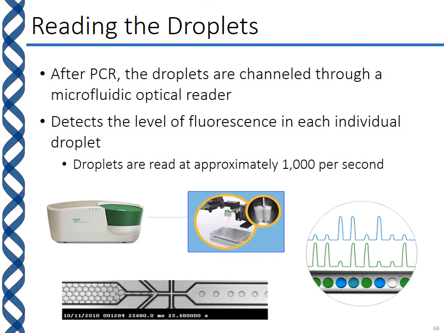In that chamber, the individual droplets are squeezed through that narrow microfluidic channel, where they're illuminated by a laser, which can detect the level of fluorescence in each individual droplet, and those droplets are read very rapidly. And you see an example of the readout from those droplets, showing whether there was amplification or not in the circular diagram on the right of the slide.